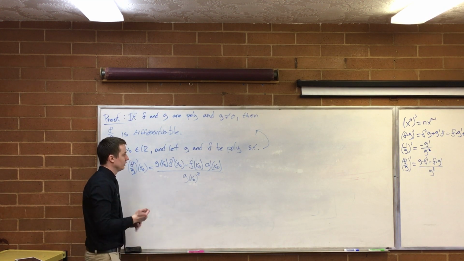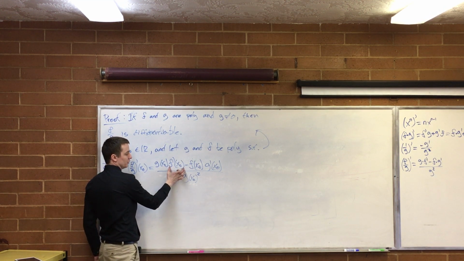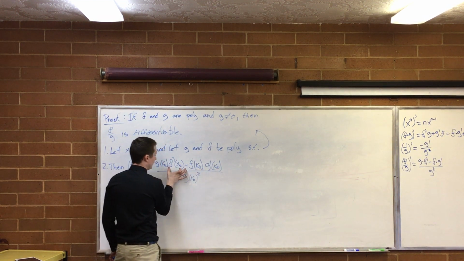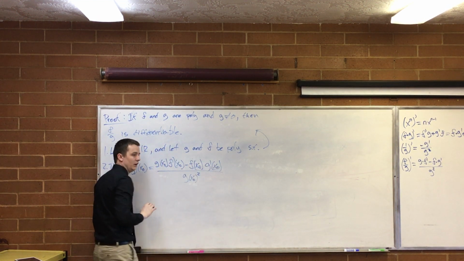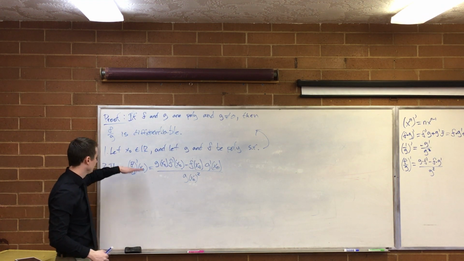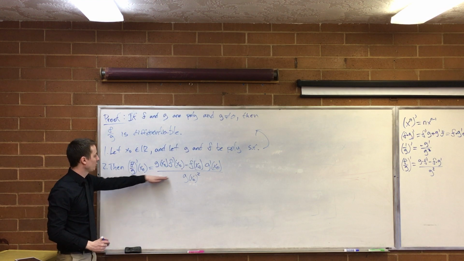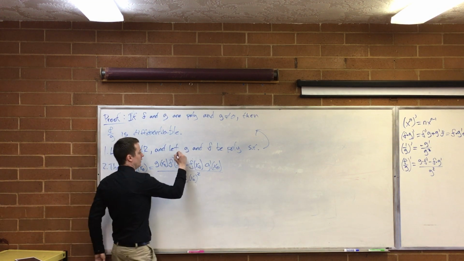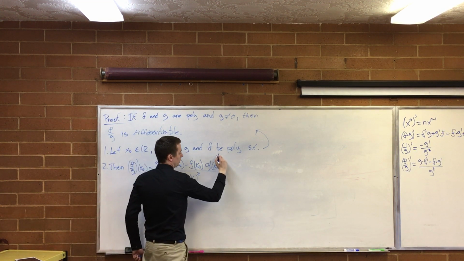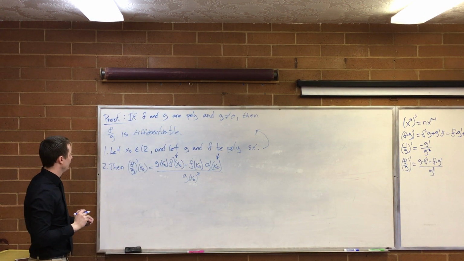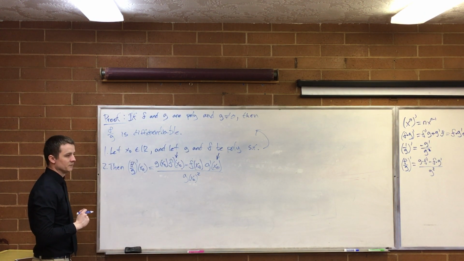So now the only question that remains is, are we able to take the limit of f of x naught, and are we able to take the limit of just a polynomial? If we're able to take the limit of just a polynomial, then we can take the limit of their quotient. The only question that remains in this whole thing is, were we able to find this limit, and were we able to find this limit? Because that's a polynomial. I probably should have started by arguing that those limits exist.